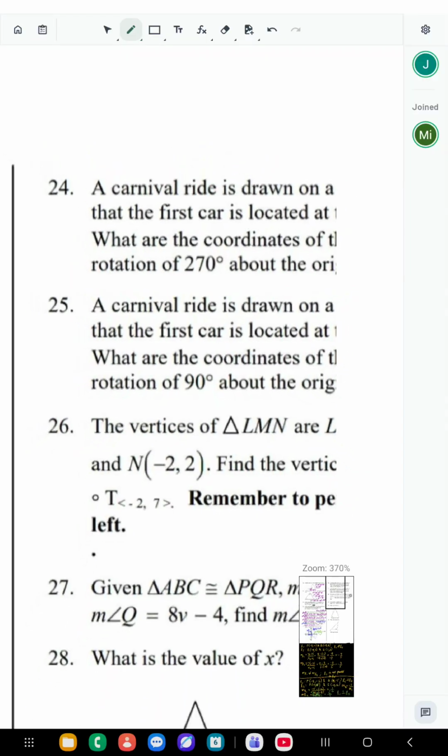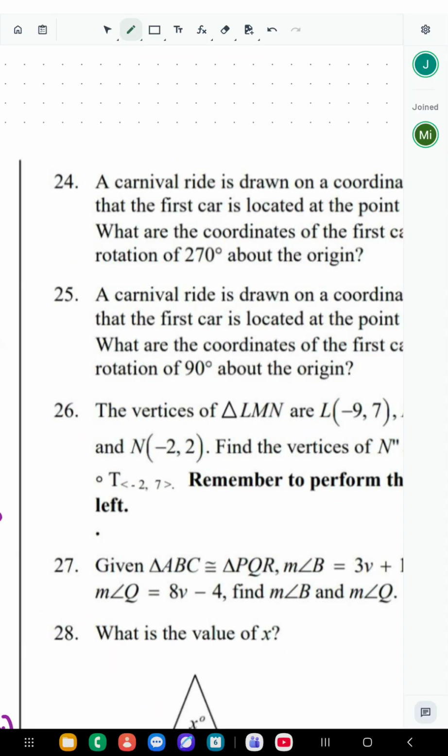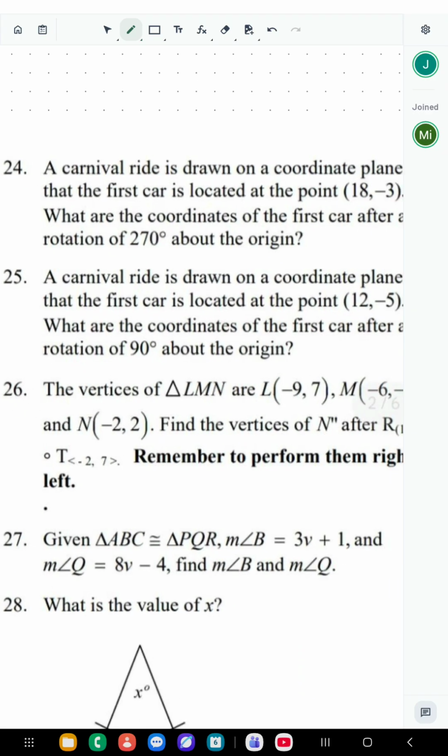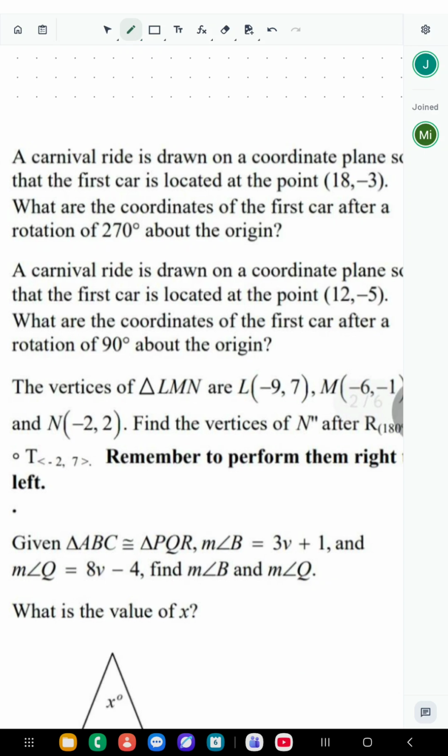And then number 24. Okay, a carnival ride. Okay, this is rotation. A carnival ride is drawn in a coordinate plane, so the first car is located at 18, negative 3. What are the coordinates of the first car after a rotation of 270 degrees about the origin?